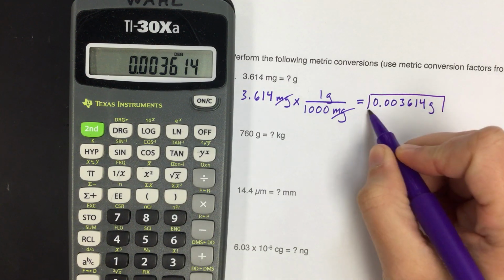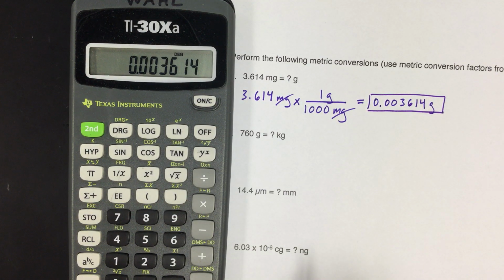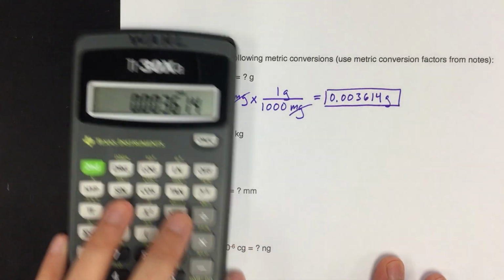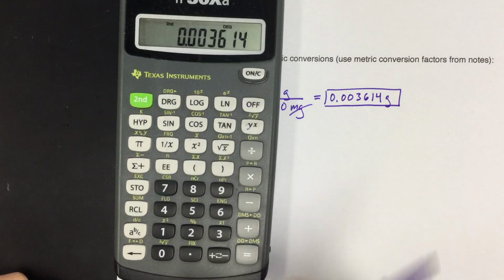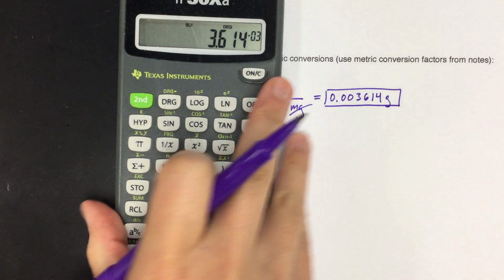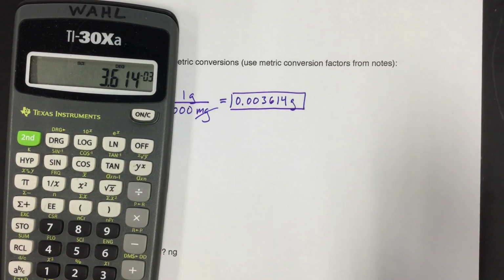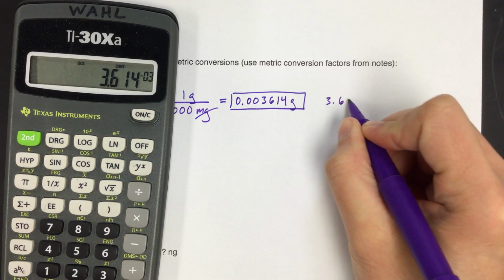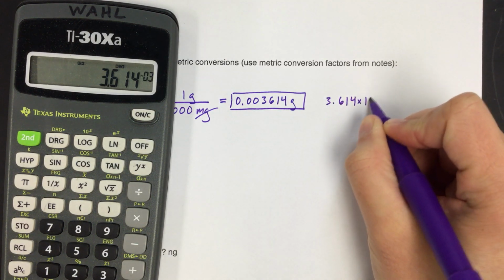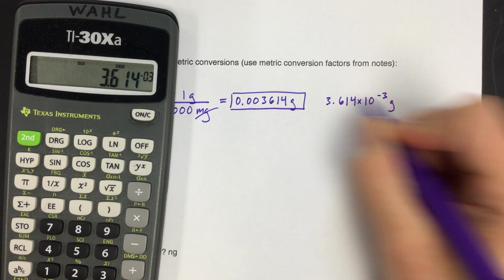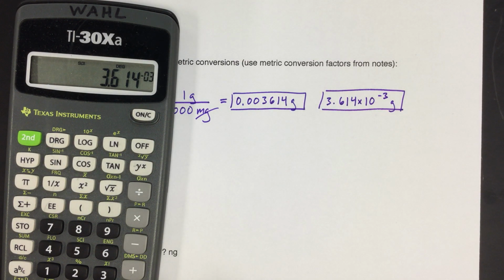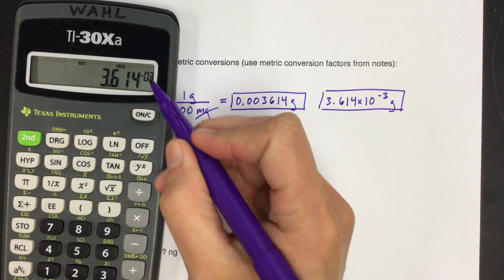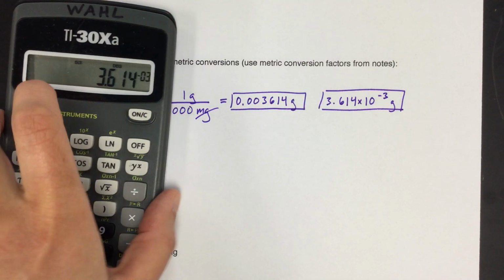Or you could also write this in scientific notation if you wish. You can easily do that on your calculator by doing the second function and then the number 5. That will switch it to scientific notation. So if you wrote 3.614 times 10 to the negative 3 grams, that is also correct. Either answer is acceptable. Remember that negative 3 there means times 10 to the negative 3.